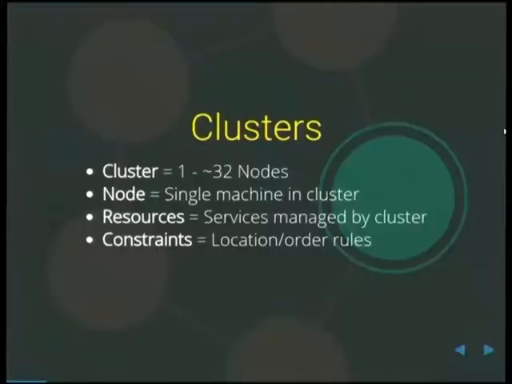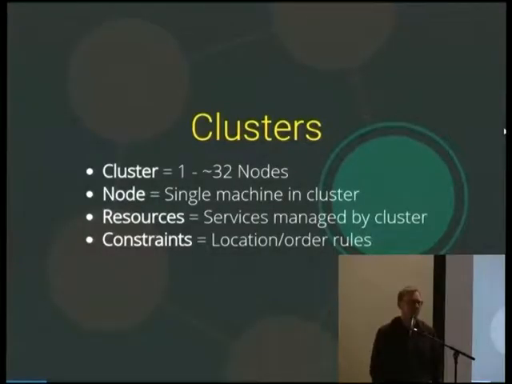When I talk about an HA cluster, it's not a huge cluster usually. The Linux HA software supports up to around 32 nodes. We're working on supporting more than that, but it's not one of those 100,000 machine clusters. That's more high performance computing and so on.